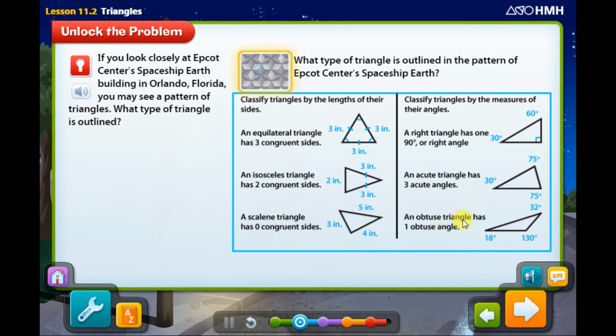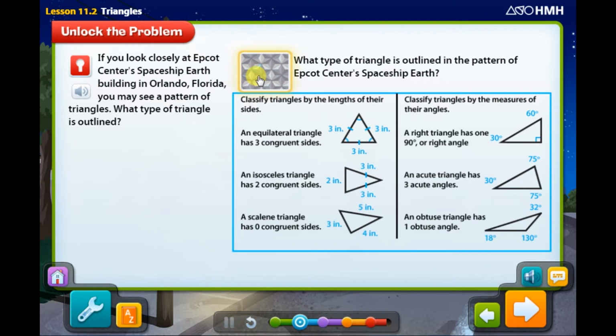Obtuse angle. An obtuse angle is the angle which is opening its mouth wide. So if you have one obtuse angle inside the triangle, you call the triangle an obtuse triangle. Now, can you identify what type of triangle this is?